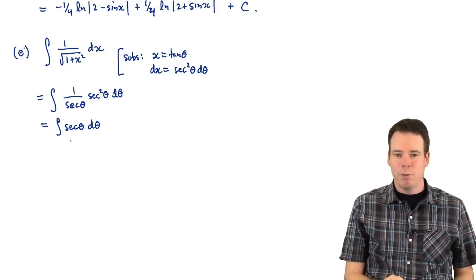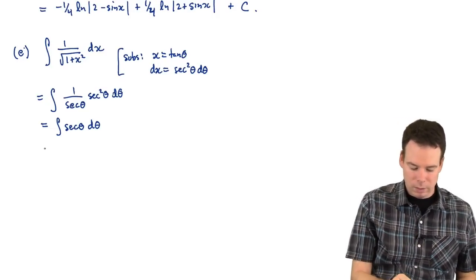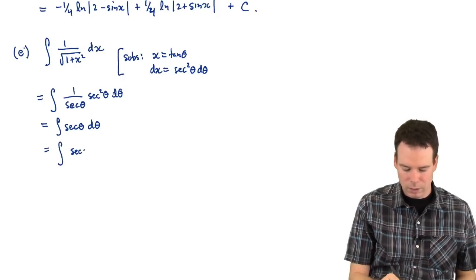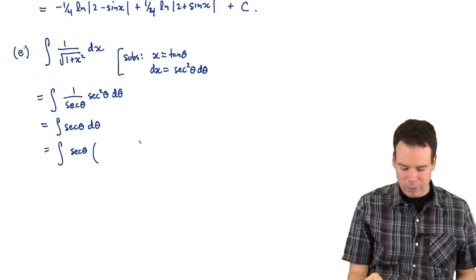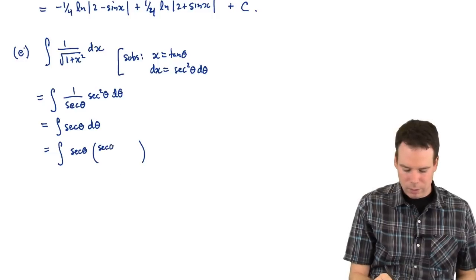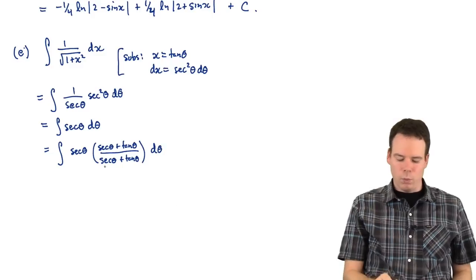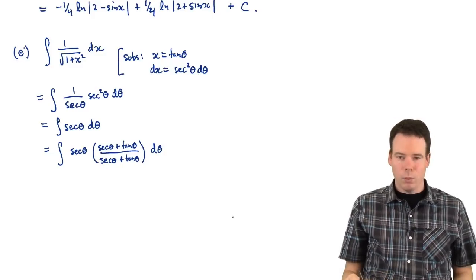Now at this point, either you remember the antiderivative of secant theta, or you remember how to derive it. In this case, I'll just refresh our memories how to derive it. I'm going to multiply by 1 in a fancy way: secant theta plus tan theta over secant theta plus tan theta. Why have we done that?